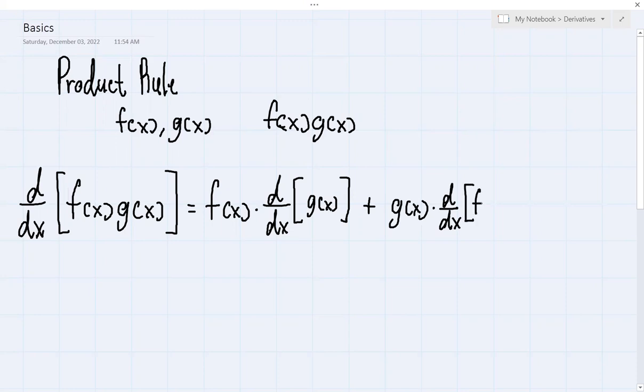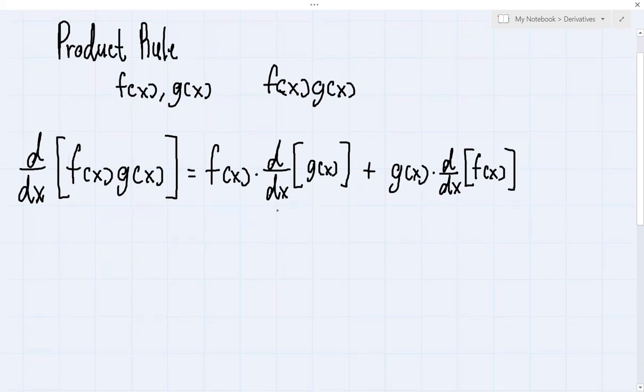Yan yung formula niya. Ulitin ko, the derivative of f of x times g of x is equal to f of x times the derivative of g of x plus g of x times the derivative of f of x.